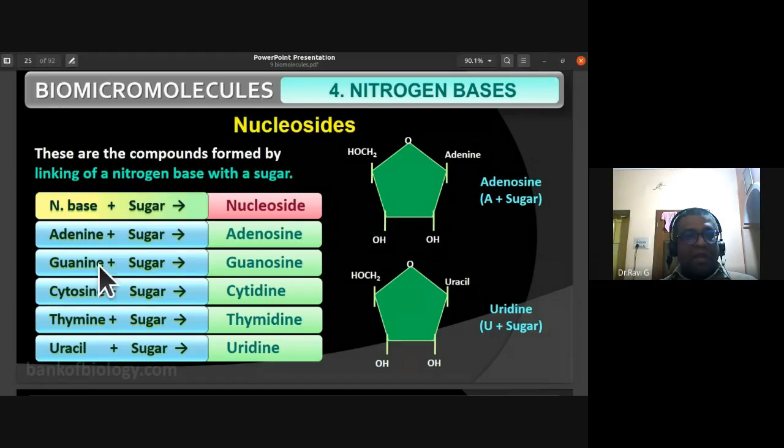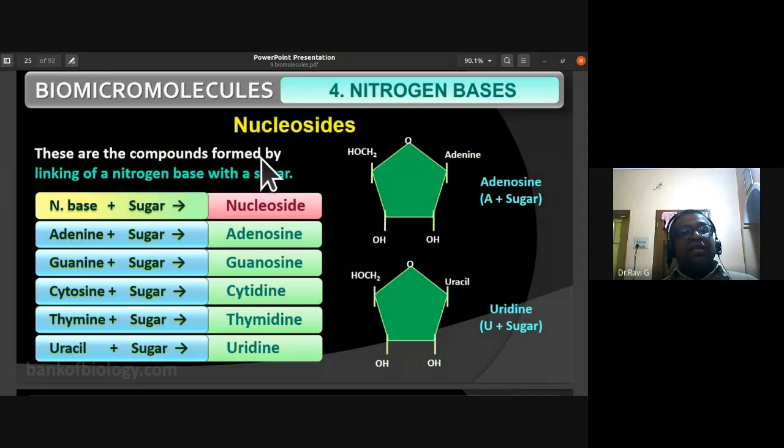The next slide is about the nucleosides. See, nitrogenous base plus sugar, we call it as nucleoside. Nucleotides are nitrogenous base plus sugar plus phosphate group. We call it as nucleotide. So nucleosides are nitrogenous base plus sugar.